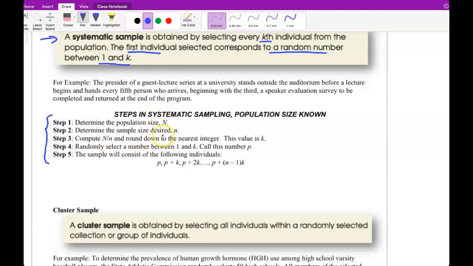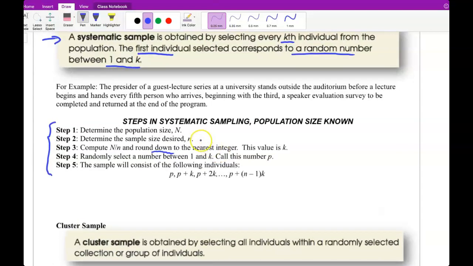Determine the sample size n and compute N divided by n. So we're going to divide the population size by the sample size and round down to the nearest integer.